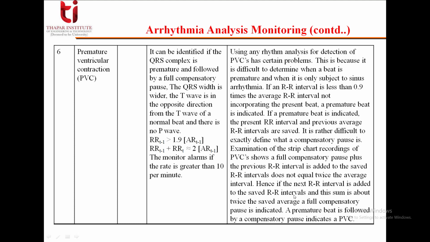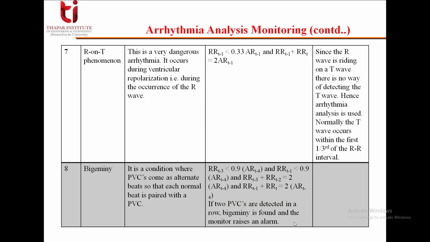Hence, if the next RR interval is added to the saved RR intervals and this sum is about twice the saved average, a full compensatory pause is indicated. A premature beat followed by a compensatory pause indicates a premature ventricular contraction.